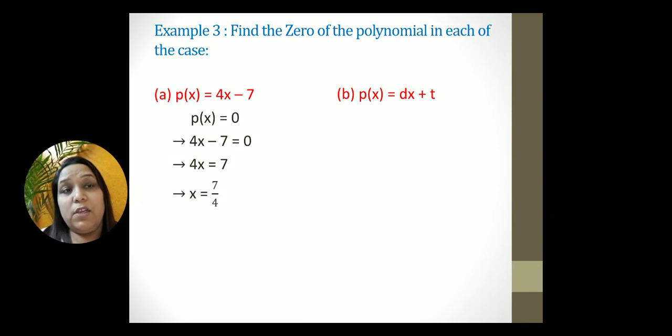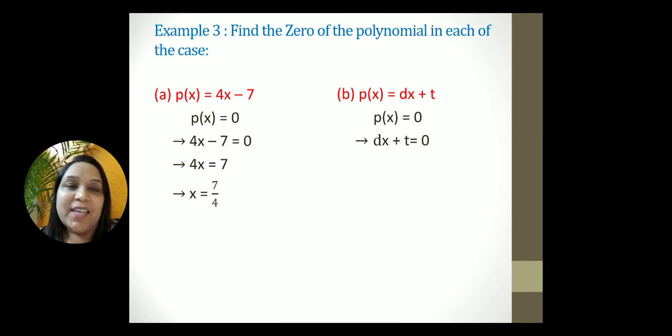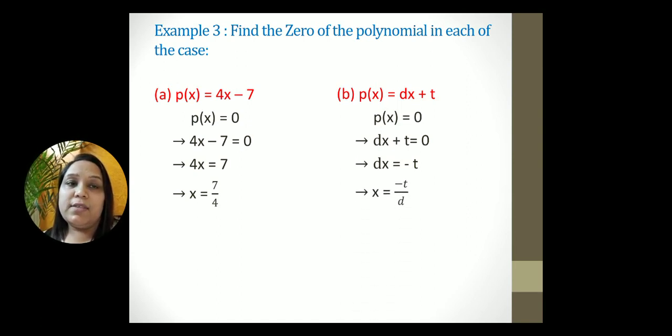Now to find out the value of x where the value of p(x) is equal to 0, we have to put the polynomial equal to 0. It means dx + t = 0. Good. Now again transposing, we get dx = -t, and again transposing d to the right hand side, x = -t/d.